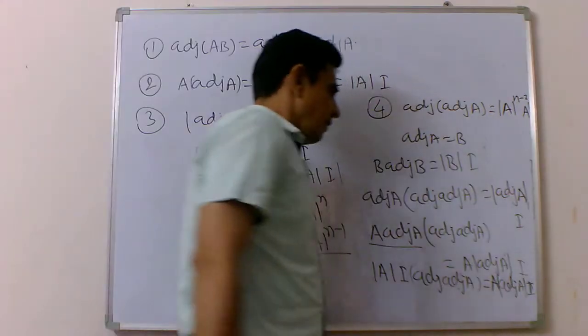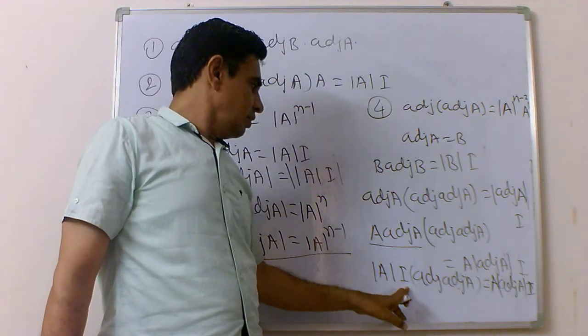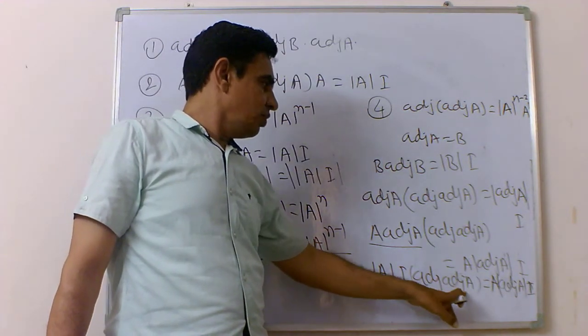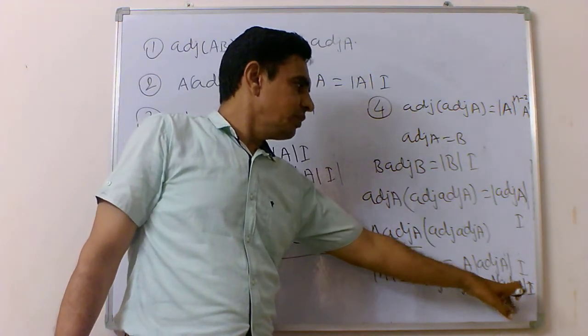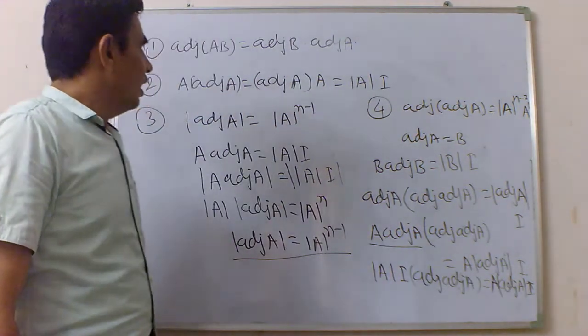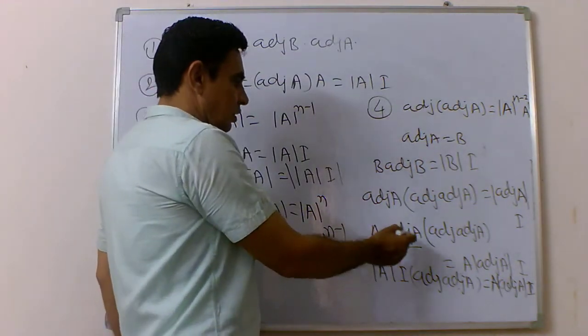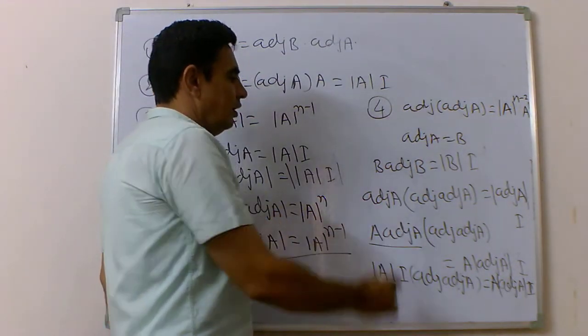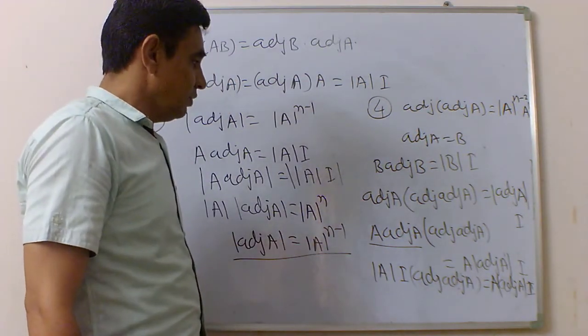या ठिकाणी determinant of A into I adjoint of A is equal to A into determinant of adjoint of A into I. After that, here in this step we write A into adjoint of A is equal to determinant of A into I by using previous property.